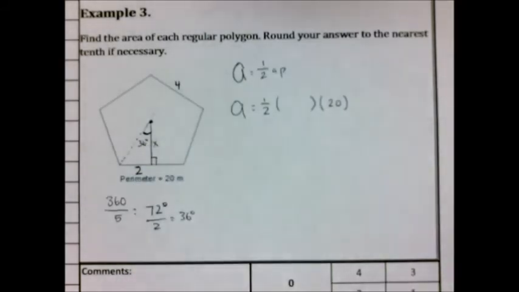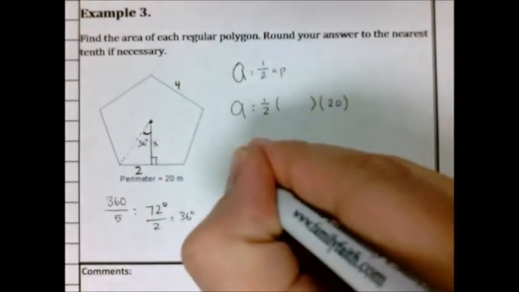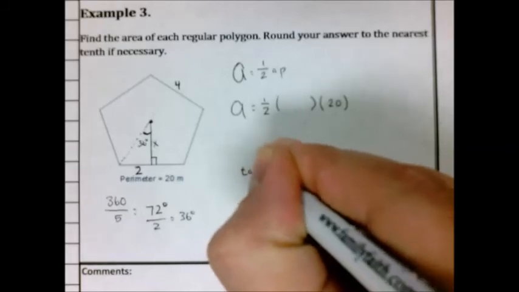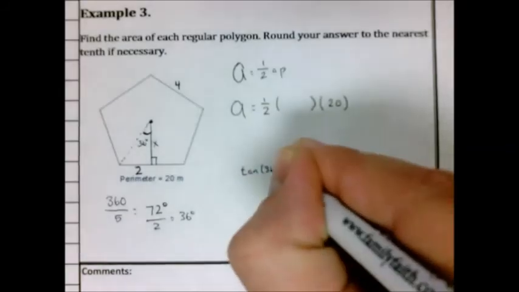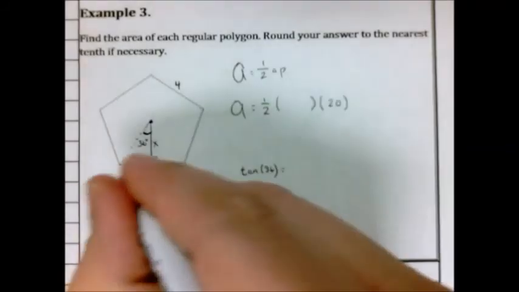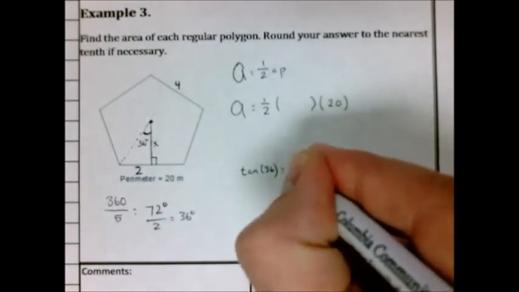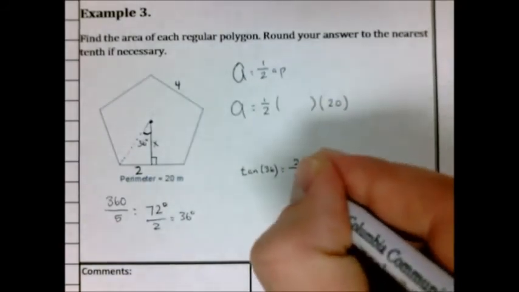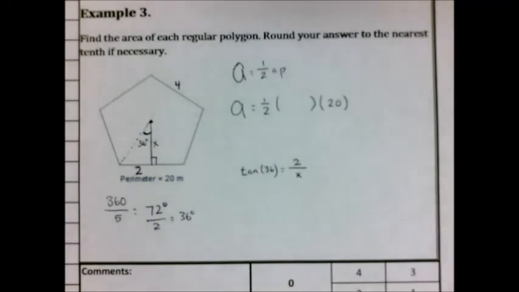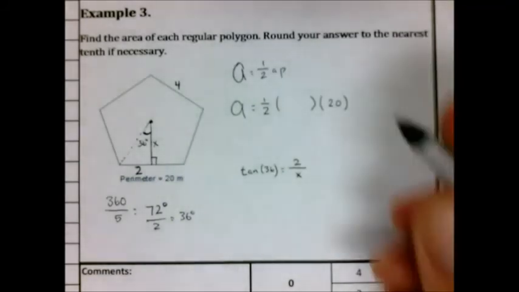The trig function we use when we use opposite and adjacent is, of course, tangent. So the tangent of 36 is equal to our opposite, which is 2, divided by our adjacent, which is x. Now we can use that to figure out what x actually is, which is what we want to know.